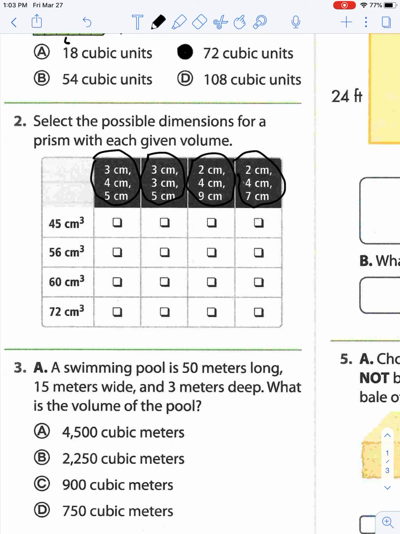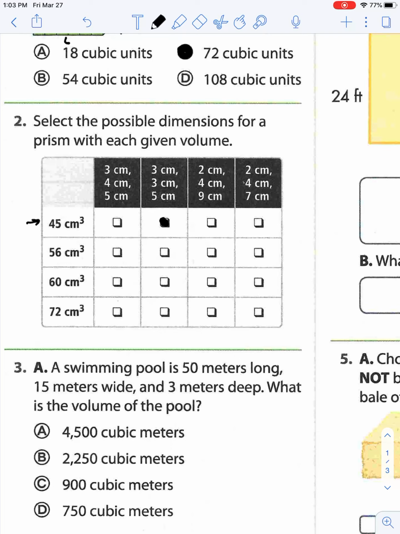When you do the math for each one, you're going to find that this second one here is going to be the first one here, 45 cubic centimeters.